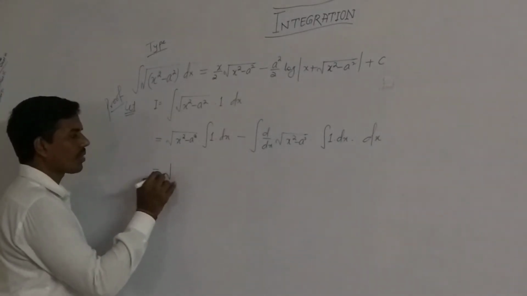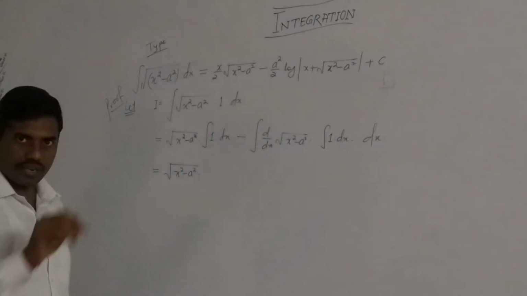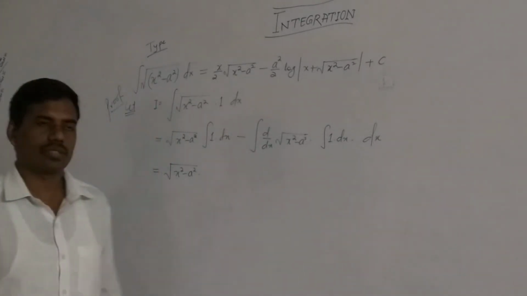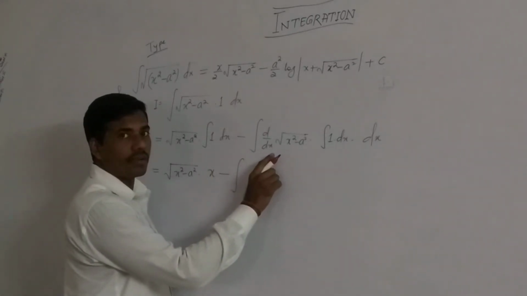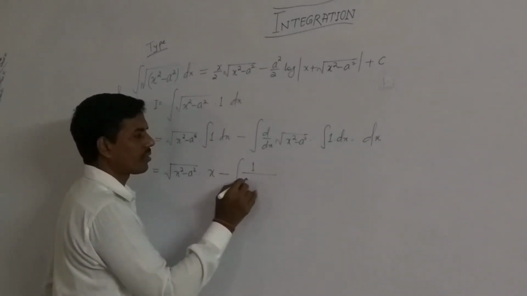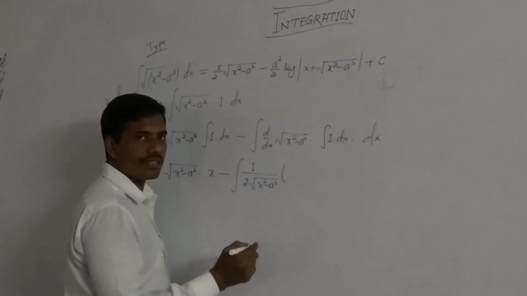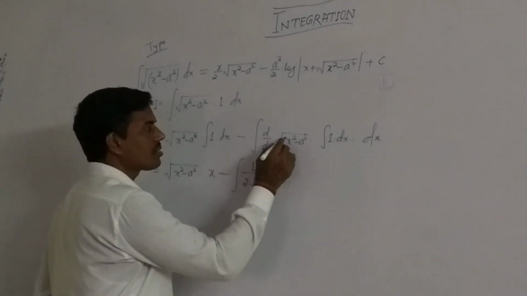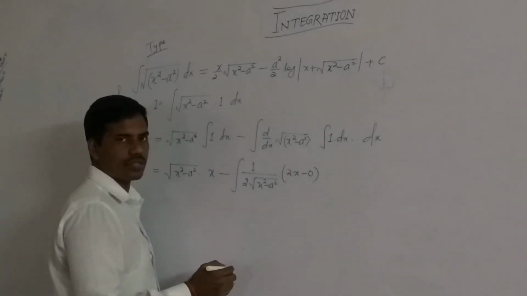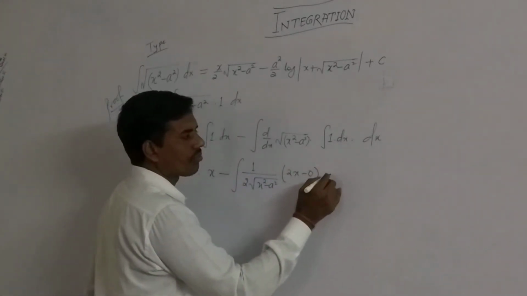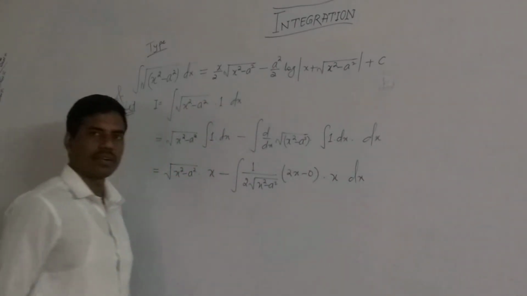This one is equal to under root of x square minus a square, and we know that integration of 1 dx with respect to x is x, minus the derivative of under root, we know that it is 1 upon twice of under root of x square minus a square, and since derivative of the base, x square minus a square, is 2x minus 0, into integral of 1 with respect to x, which is x, dx.